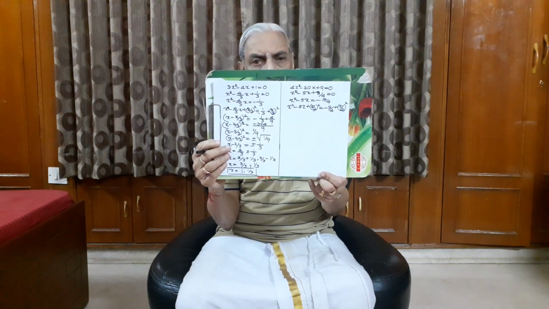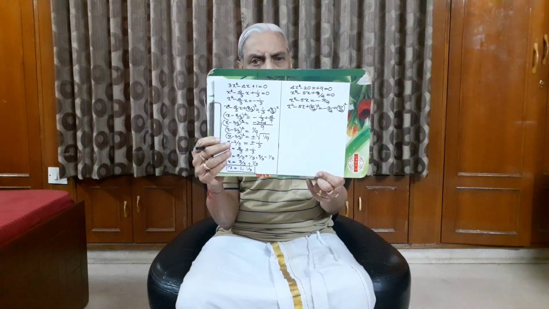Then you have to write down the square on the left hand side. That is equal to what? x squared minus 5x plus 5 by 2 the whole square, that is a squared minus 2ab plus b squared. That is x minus 5 by 2 the whole square. See that?